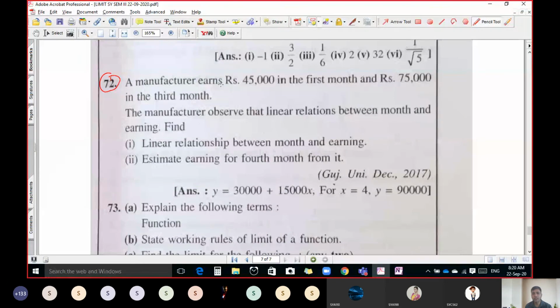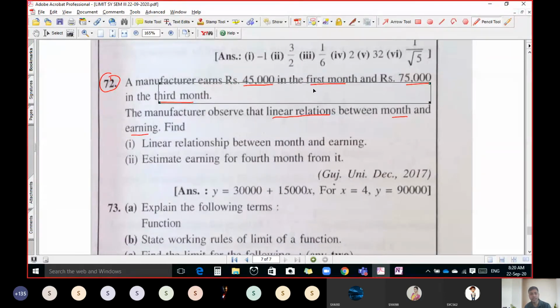A manufacturer earns rupees 45,000 in the first month and 75,000 in the third month. The manufacturer observed that there is a linear relationship between month and earning.